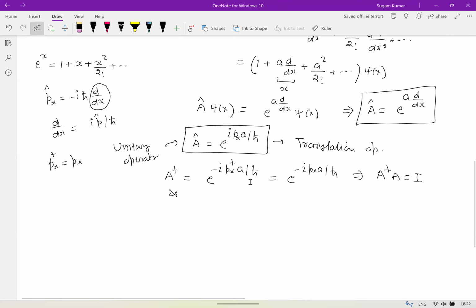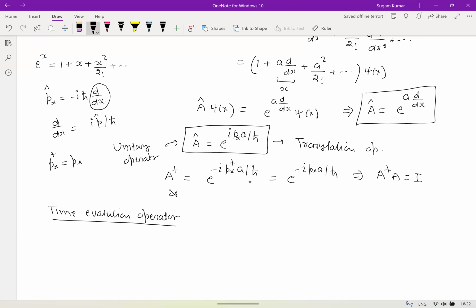You can even talk about the time translation operator, or time evolution operator, for example. In quantum mechanics, these unitary operators play a very crucial role. Time evolution operator means if you apply some operator on the wave function, which is a function of time, then it is going to change to t plus t naught.